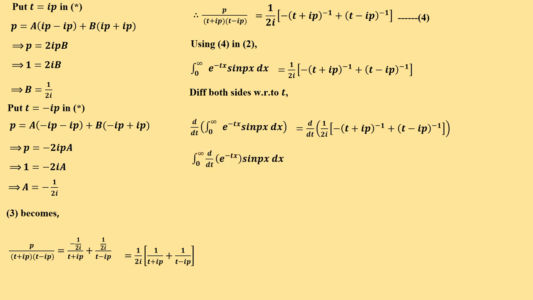So without loss of generality, we are taking the differentiation inside the integration. Integral 0 to infinity d by dt of e power minus tx sin px dx is equal to 1 by 2i times d by dt of the first term minus (t plus ip) power minus 1 plus d by dt of the second term (t minus ip) whole power minus 1.